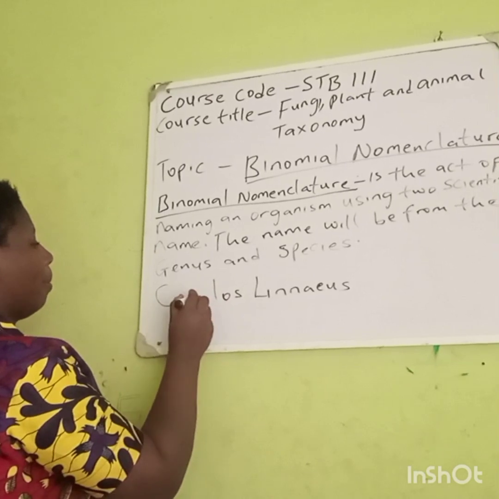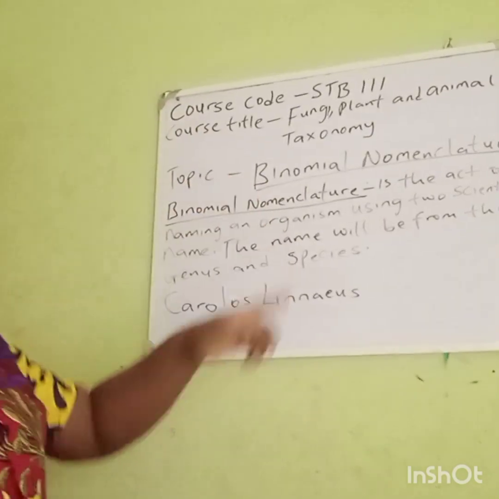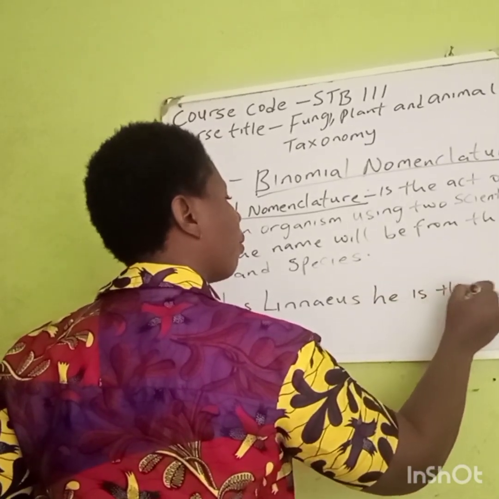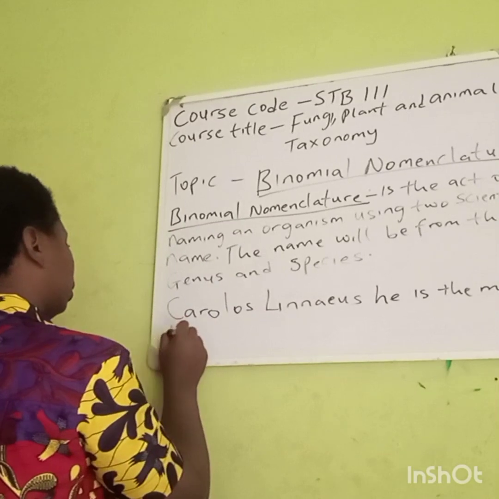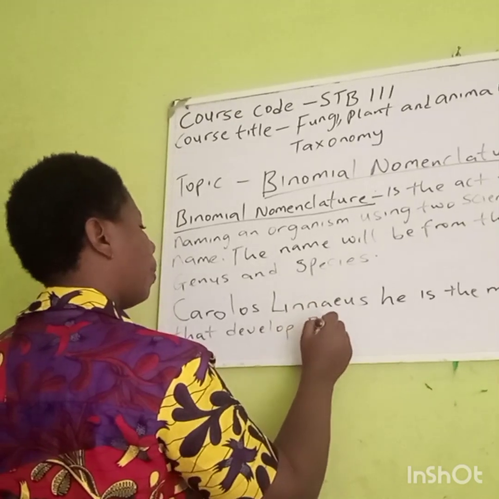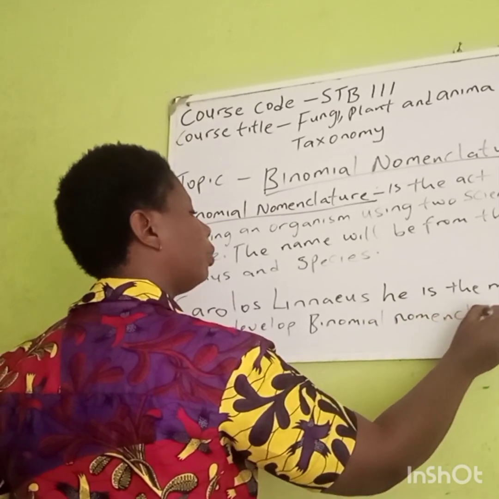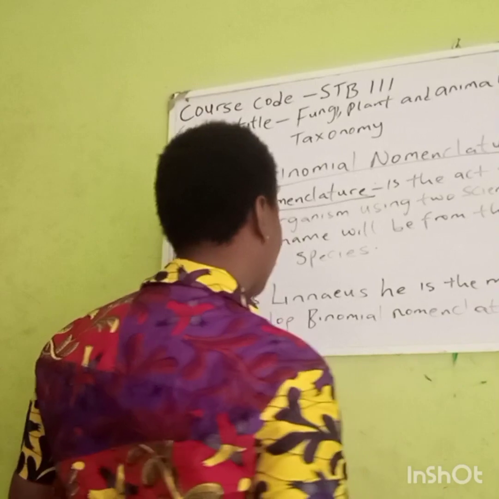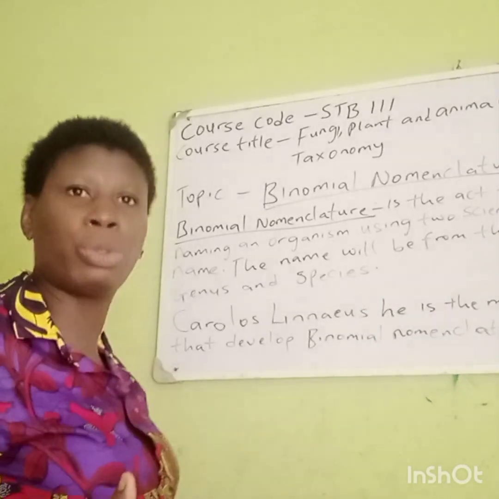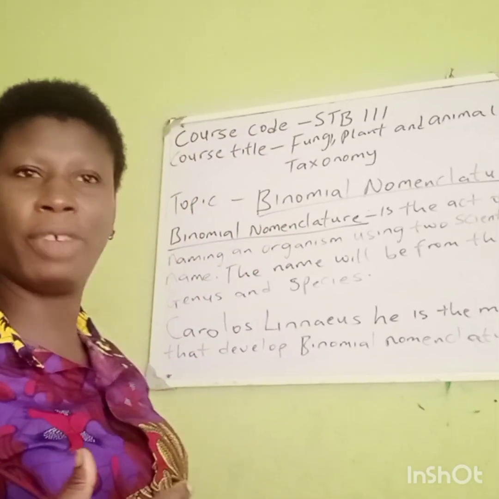He is the man that developed binomial nomenclature, and he states that there are rules you must know and you must observe before writing a scientific name correctly.